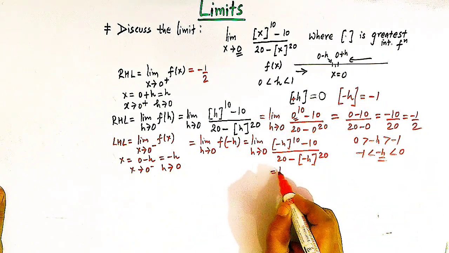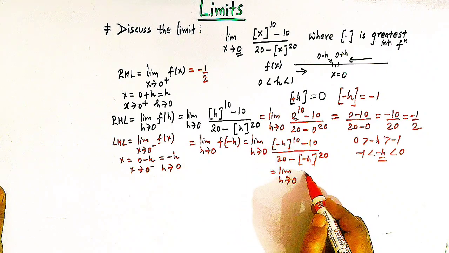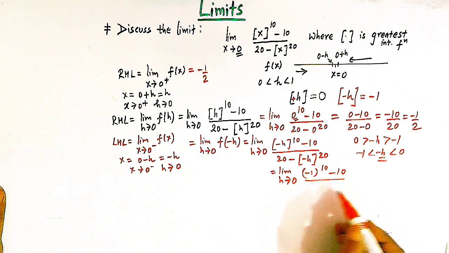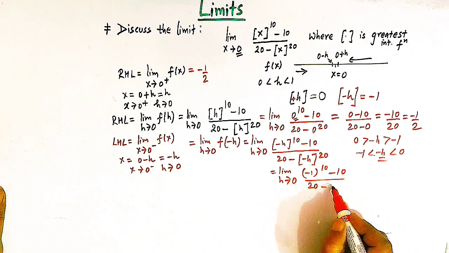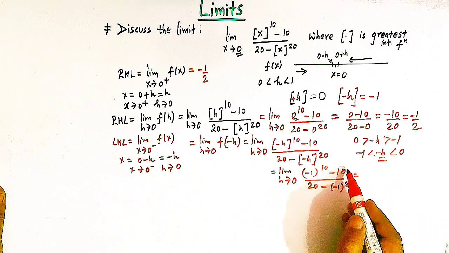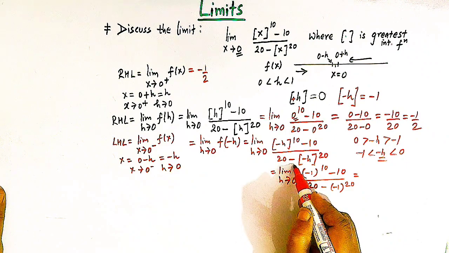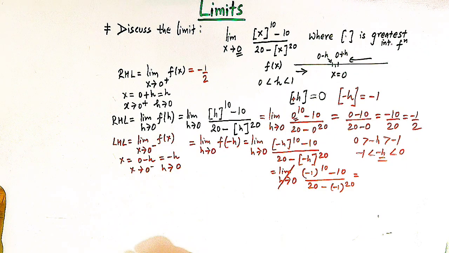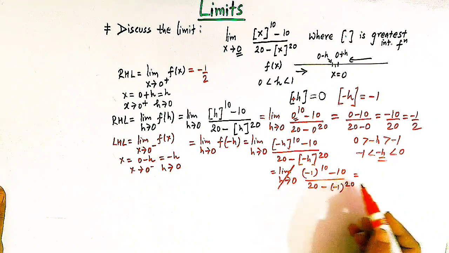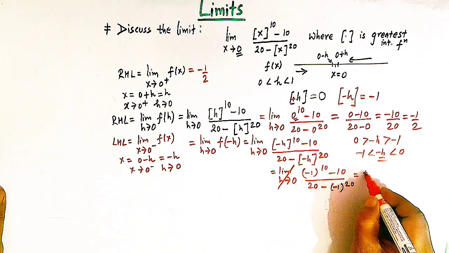So we have here limit h tends to 0. Here we have minus 1 raised to 10, then we have minus 10 here, then we have 20 minus minus 1 raised to 20. So now since this expression doesn't contain h, we can remove this limit notation, and we are left with only this expression containing numbers. So minus 1 raised to 10 is simply plus 1.